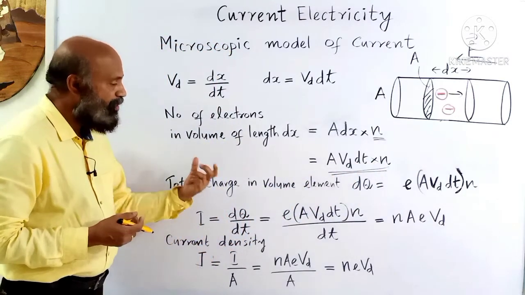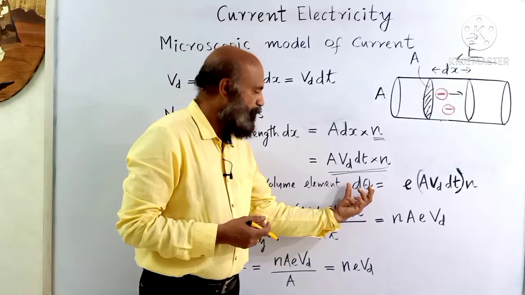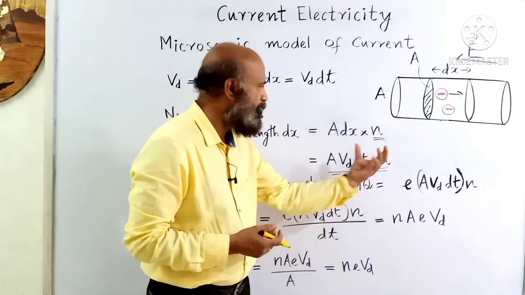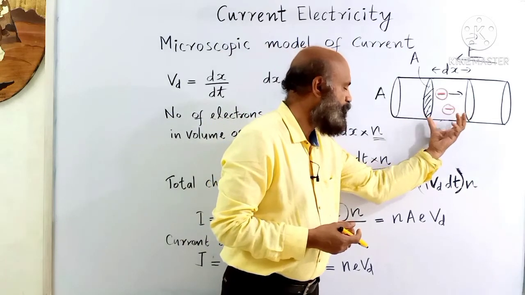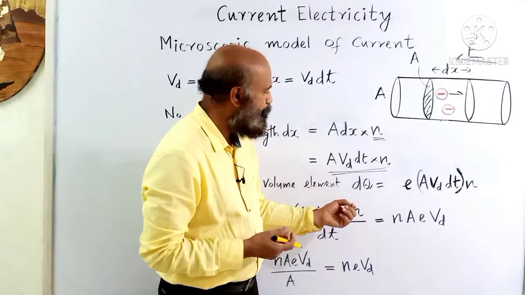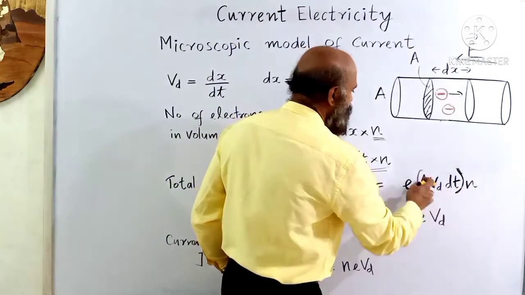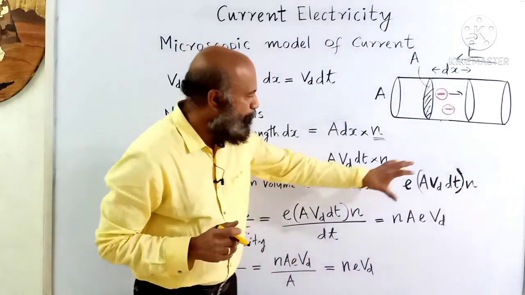Next, the total charge in this volume. Charge is represented by Q. The small amount of charge in this portion is dq. So dq is equal to e into the number of electrons.